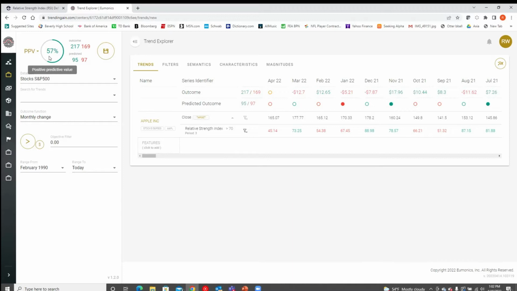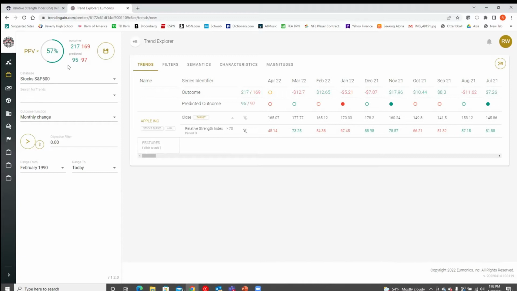Our hypothesis was that when the relative strength index was greater than 70, the stock price was more than likely to go down. But in fact, what we're seeing here is an indication that our hypothesis is wrong. When the relative strength is greater than 70, the stock price actually is more than likely to go up. So at least for our first test of the hypothesis, it turns out it was wrong.